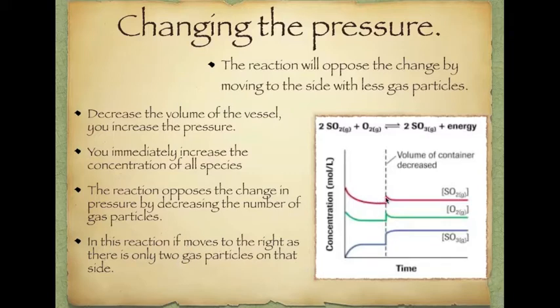So what happens to our concentrations? Our reactants slowly decrease, and the concentration of our products increases. Something to note is that the concentration of your reactants is still greater than it was beforehand, but your yield of product is better. Even though your concentration is still a little bit higher because you've decreased the volume, your yield of sulfur trioxide is better.